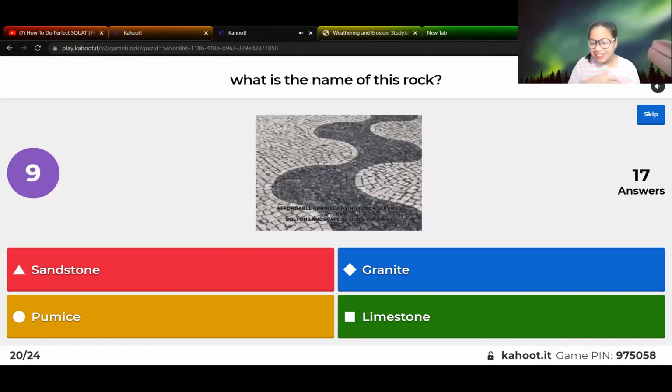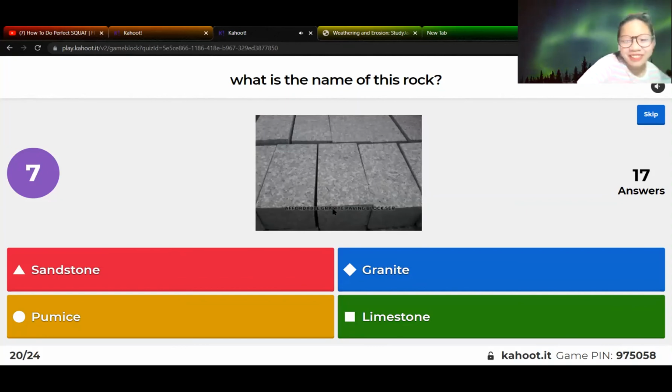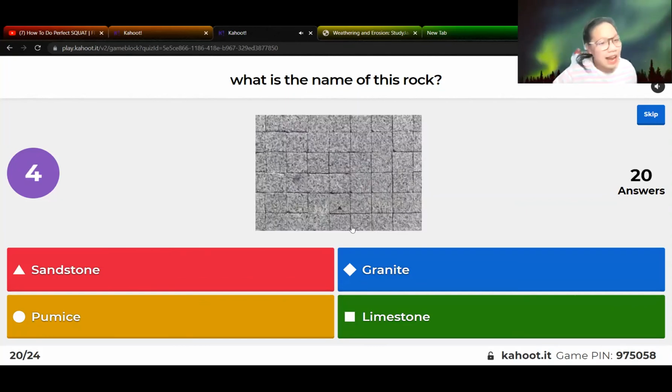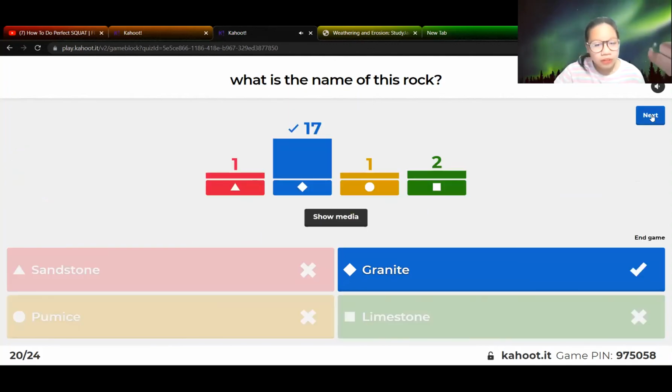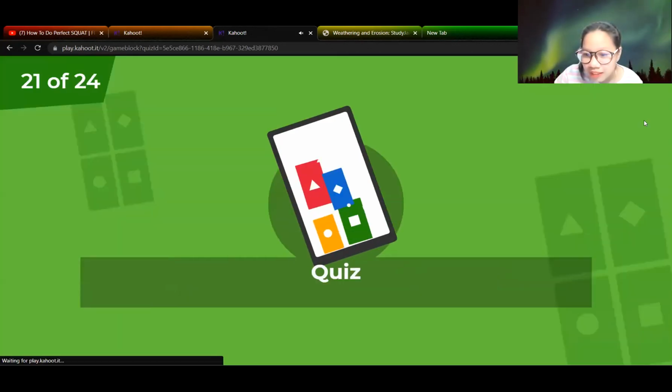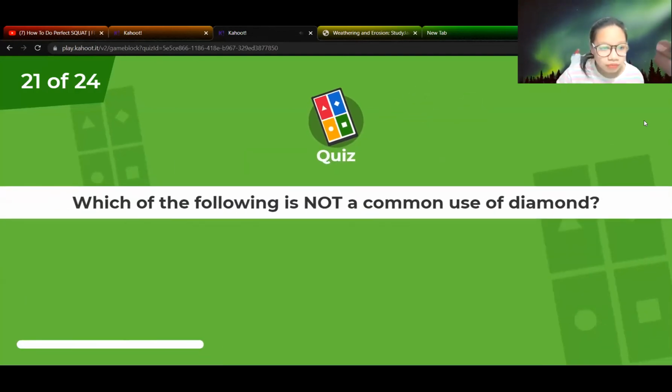The answer is actually on the picture. Okay, so the answer is there in the picture. Okay, skip. The answer is granite. Okay, so how many questions now? We now have 4 questions left.